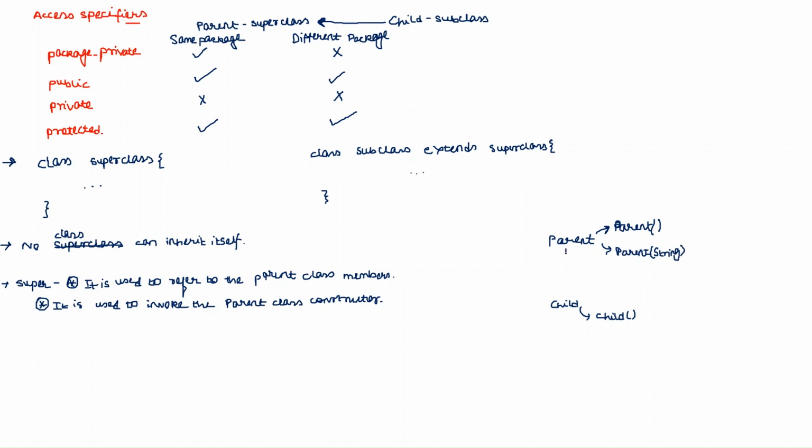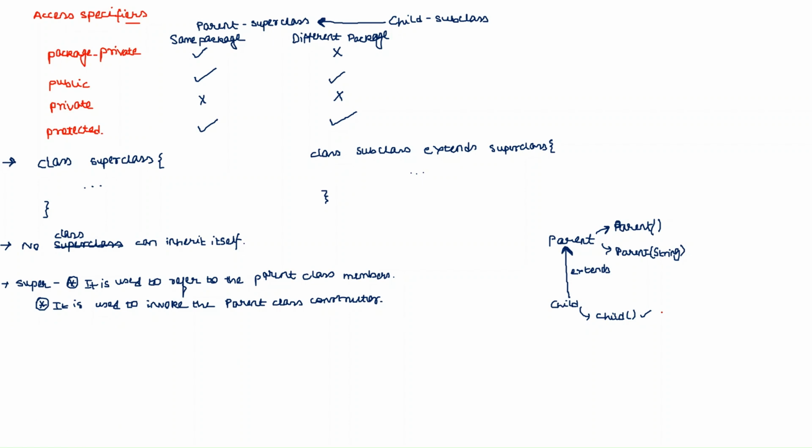Now when I actually extend the parent class to the child class, what happens is this constructor gets called first. Okay, let me just number this down with the execution order.